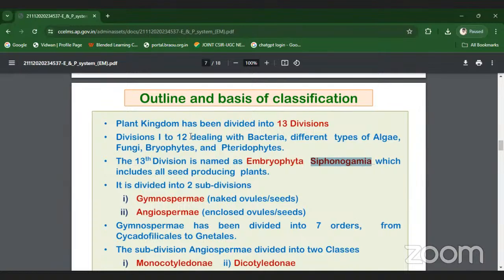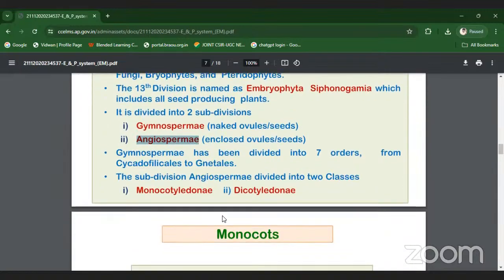So divisions 1 to 12 are all non-seed plants, the cryptogams. But the 13th division, the last division, has only phanerogams, which is divided into two subdivisions. Gymnospermae first, with naked ovules and seeds, the same character as told by Bentham and Hooker. Angiosperms have ovules enclosed in the ovary. Gymnosperms have been divided into 7 orders from Cycadophyllales to Gnetales.